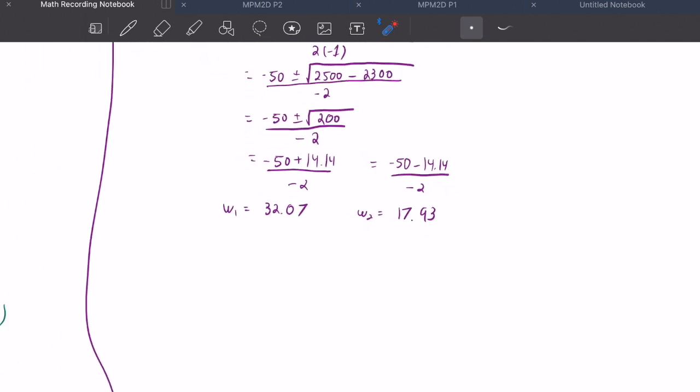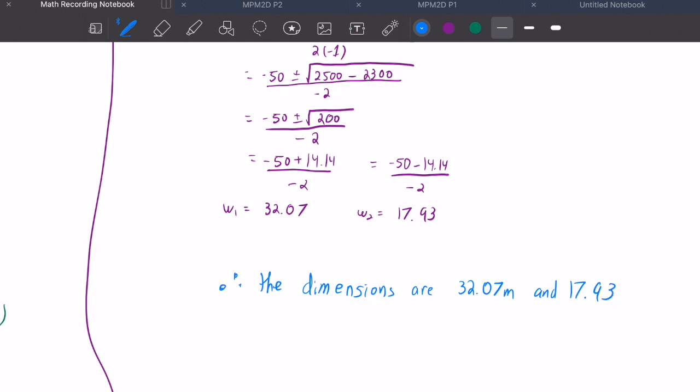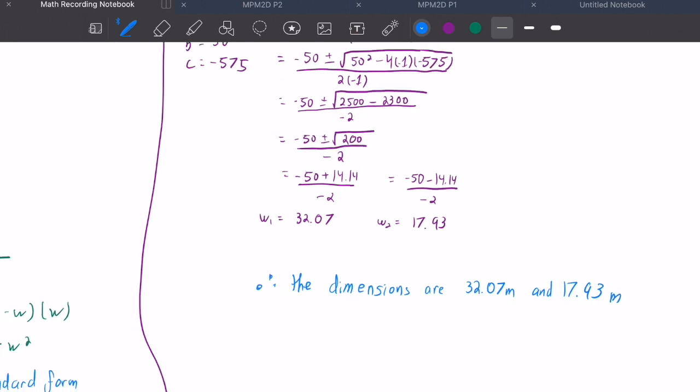So what we're just going to write is a little therefore statement. And we're just going to say therefore the dimensions are, because we could have the width and length exchange pretty one-to-one, so we don't need to worry about that. So therefore the dimensions are 32.07 meters and 17.93 meters.